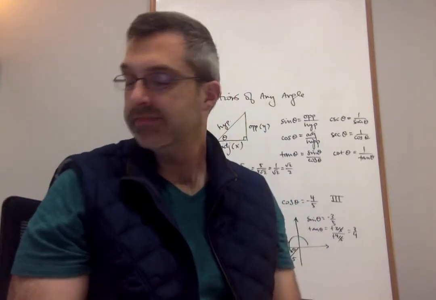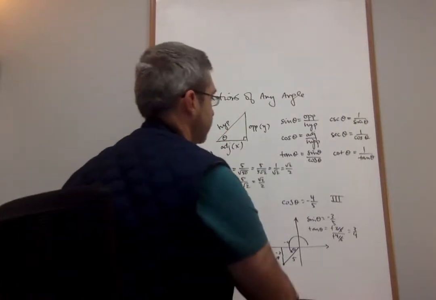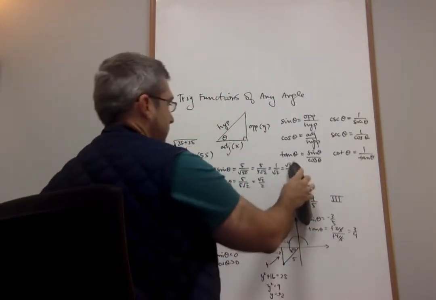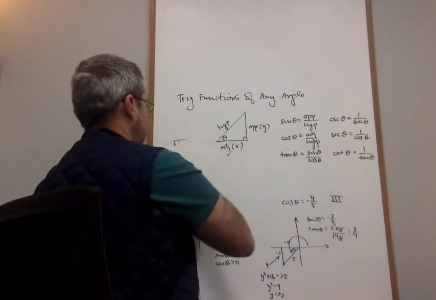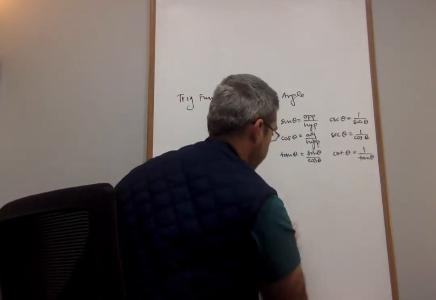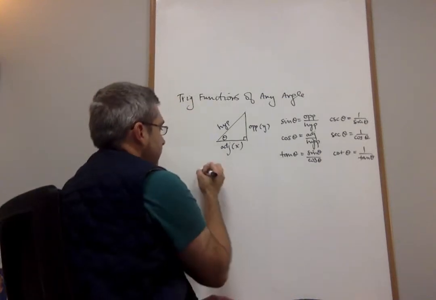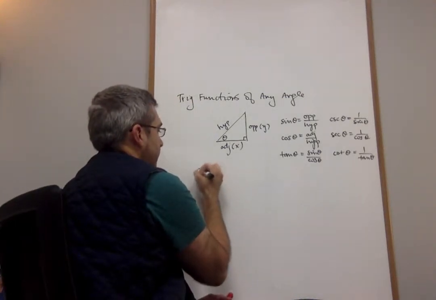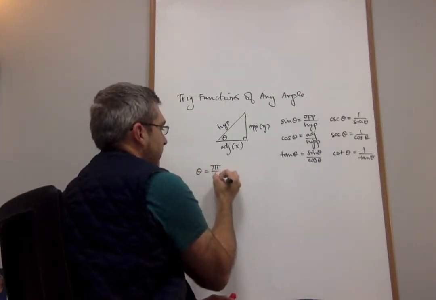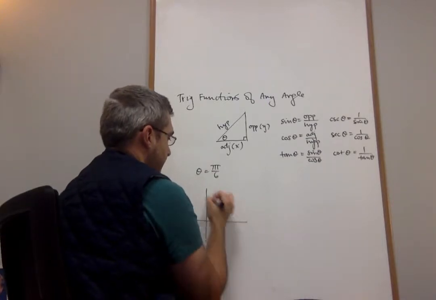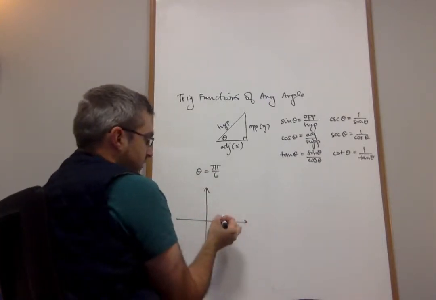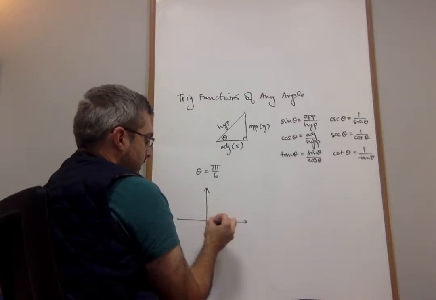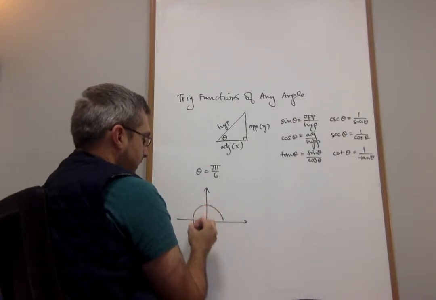Numbers 51 and 55 talk about using a reference angle, okay? And the idea here is, let me erase some of this. Let's just take an example like 7 pi over 6. So 7 pi over 6 is just over pi, so it's going to be like this.